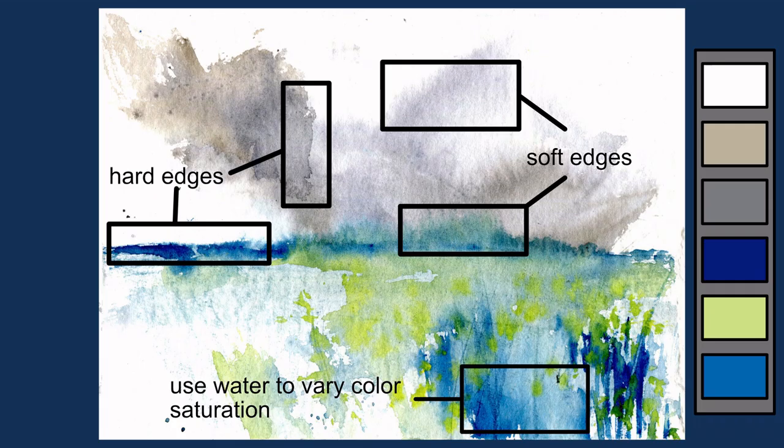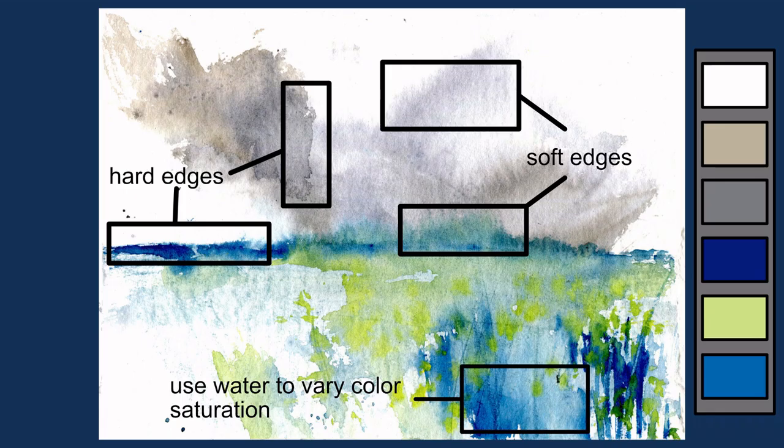Generally speaking, it's not an exact science, but if you put wet paint onto dry paper, you'll get hard or harder edges. If you put wet paint onto wet paper, you'll get softer edges. So you've got to play around with it, find what works for you.